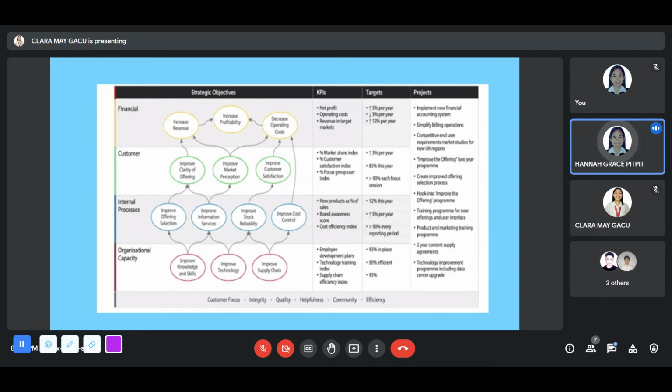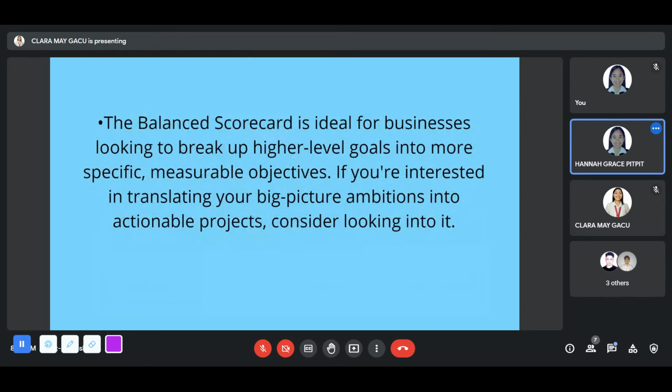This is like a survey used for collecting data from a predefined group of respondents to gain information and insight into various topics of interest. They can have multiple purposes and can be conducted in many ways depending on the methodology chosen and the study scope. Next slide po. So the balanced scorecard is ideal for businesses looking to break up the higher goals.